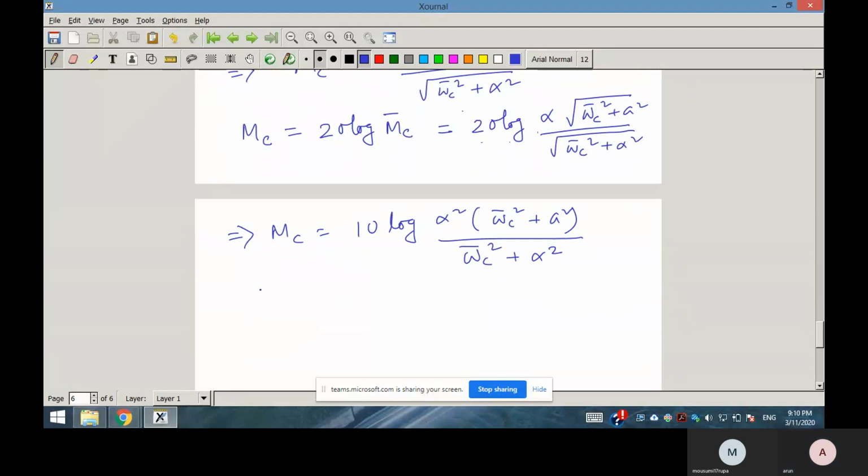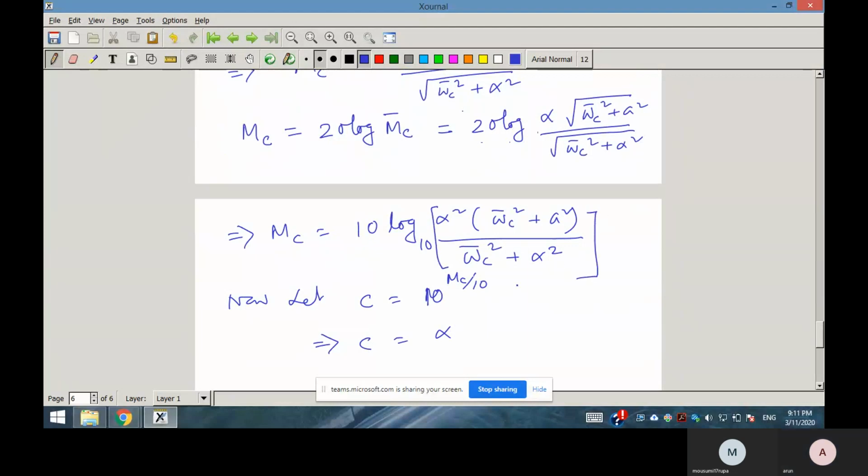So now let C equal to 10 to the power of MC by 10. So this means C will be what?